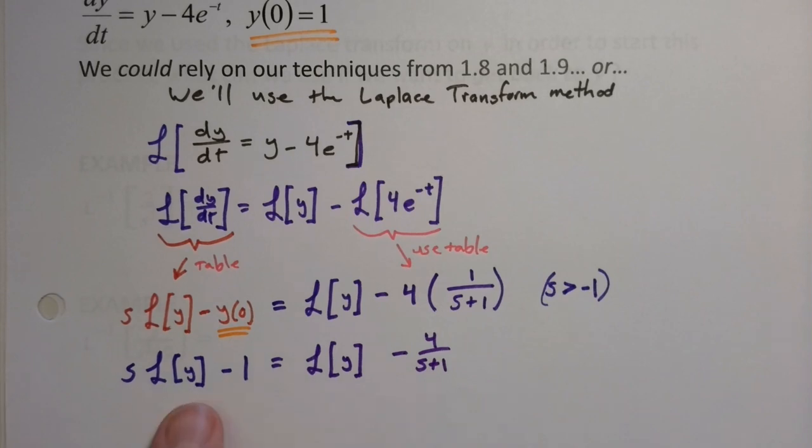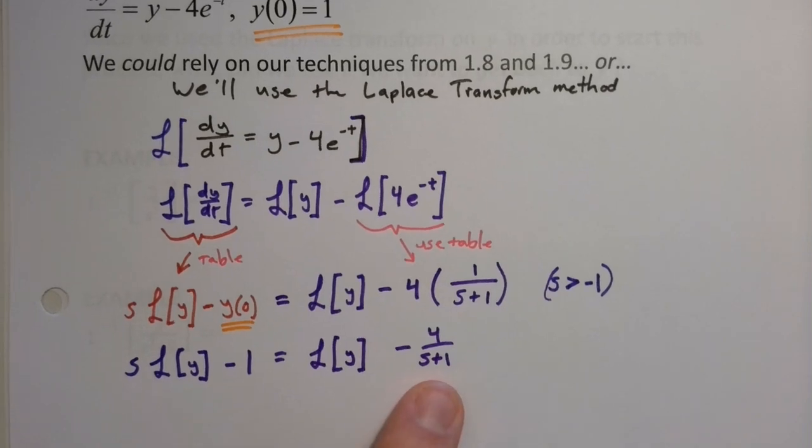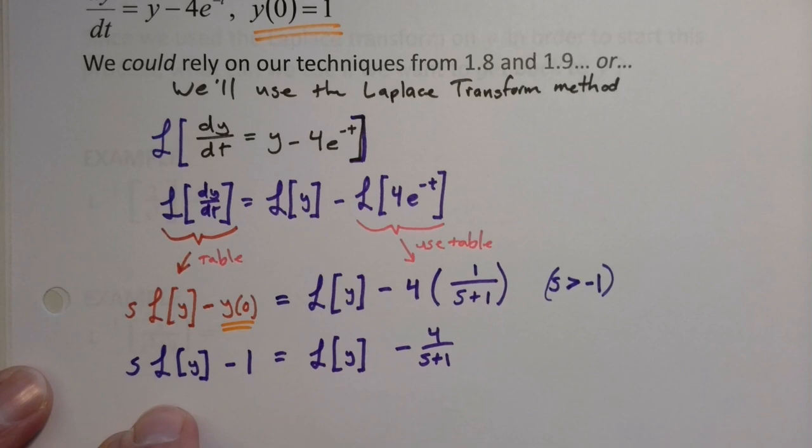Now we have an equation that involves the variable s, plus this other thing, the Laplace transform of y, and that's really what we're trying to solve for. So I'm going to move my Laplace transforms of y all to the same side and everything else to the other side.